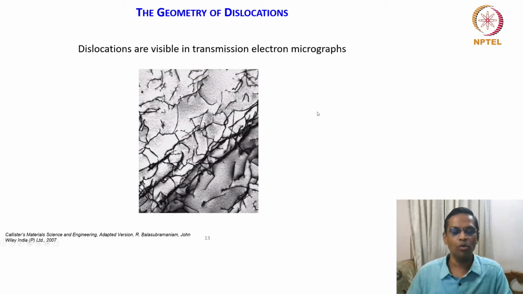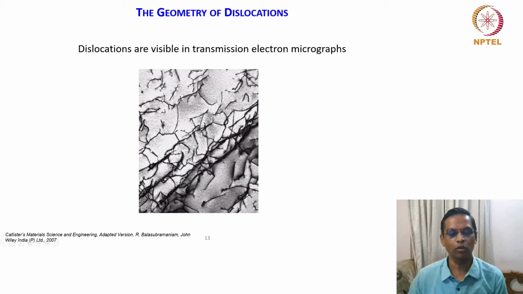Okay, how do we see these dislocations? Dislocations are visible in transmission electron micrographs. What you are seeing here is a bright field transmission electron micrograph. Typically, the dislocations are visualized in this manner with a dark contrast. Dark lines.